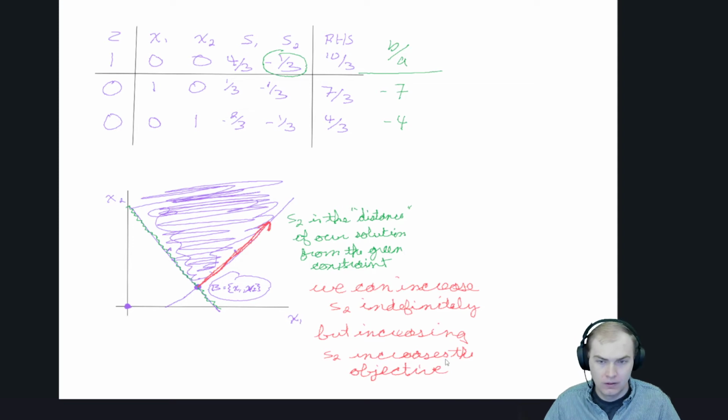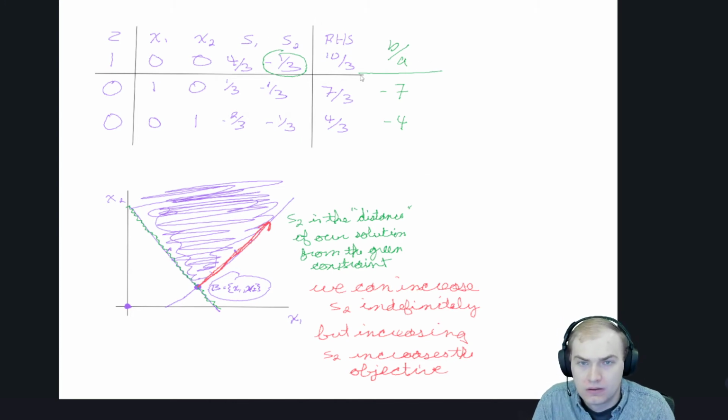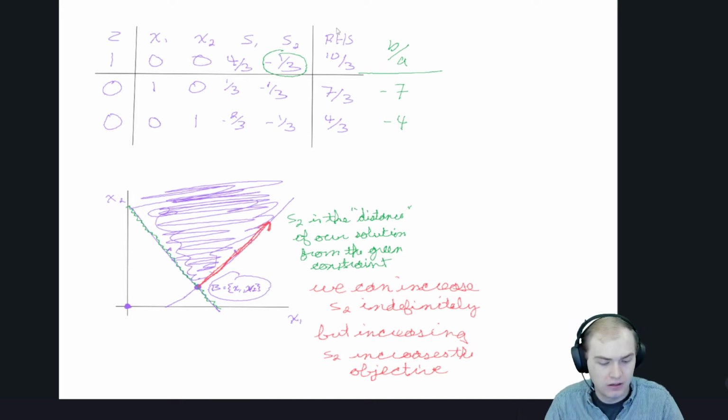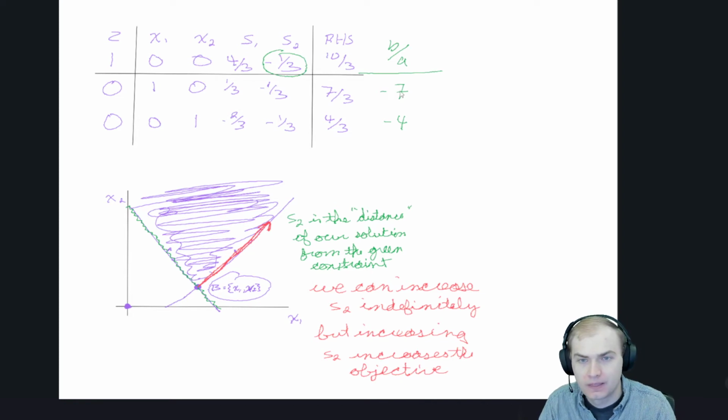So this problem is unbounded. We can see that because our B over A... So we found a variable to increase, but there's no bound on how much we can increase it because our b over a column is entirely negative.